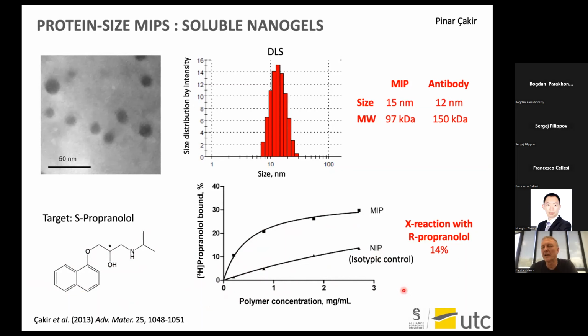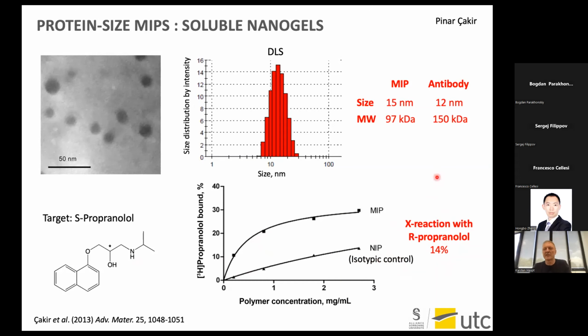We call the control polymer NIP, or non-imprinted polymer, and it is basically chemically the same material, but without imprints. In the antibody world, this would be called the isotype control or isotypic control. So we have this difference in binding, and we can also check the cross-reaction with the opposite enantiomer, which in this case is 14%. So we also have a good specificity for our imprint.